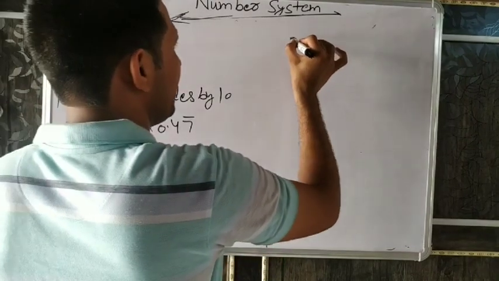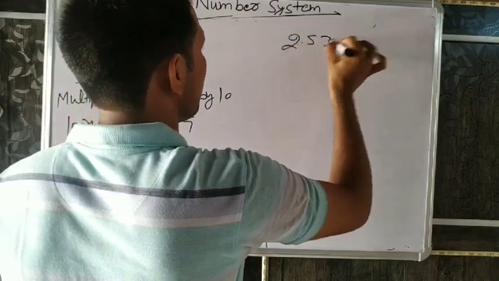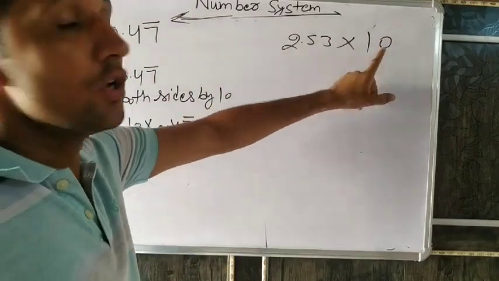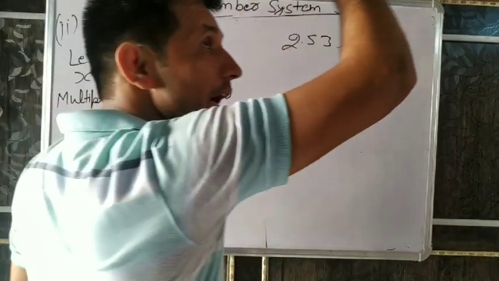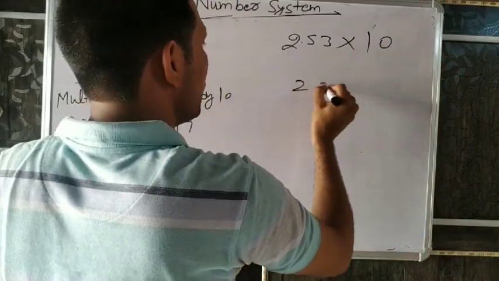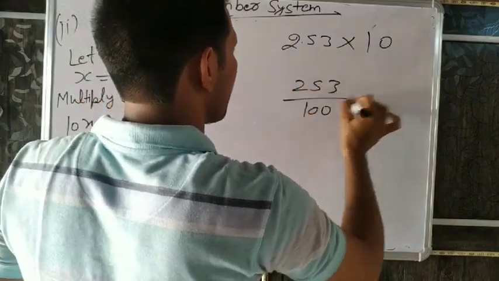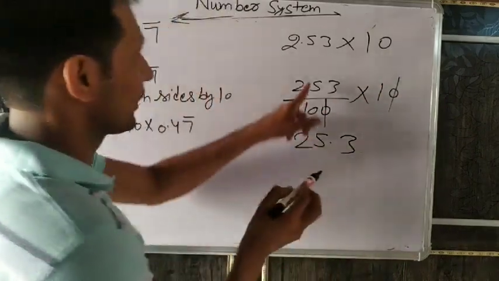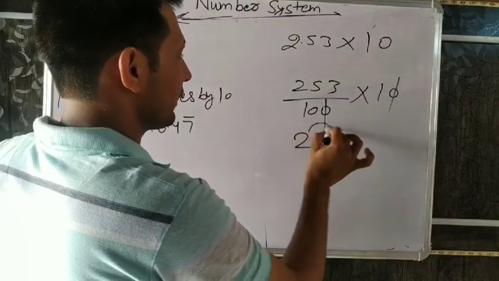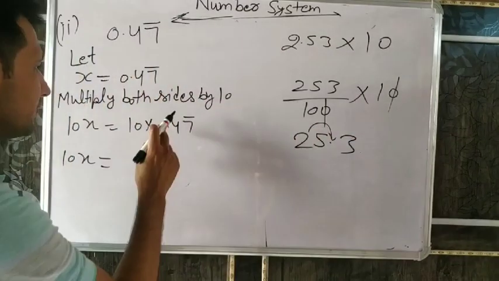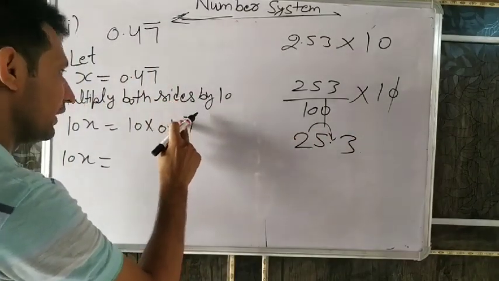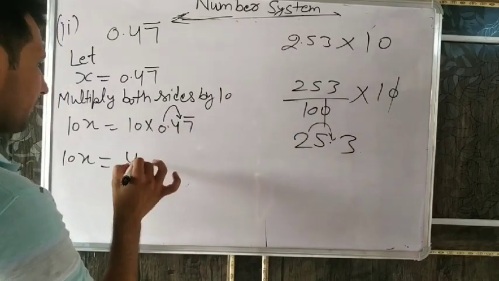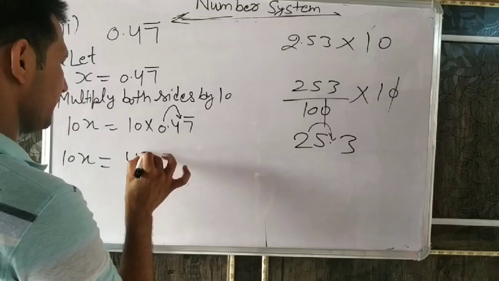Whenever we multiply any number like 2.53 by 10, the decimal shifts to the right by one place. 253 divided by 100 times 10, zero cuts with zero. Look, the decimal is here and it shifts here, one digit. It means 4 after the decimal, 4.7 bar.